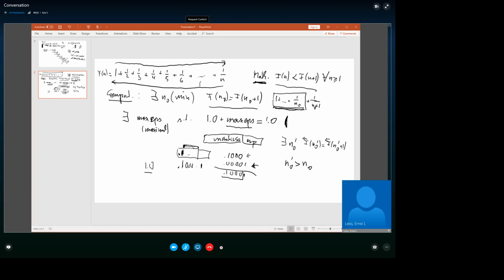So if I take that f of n sub 0 plus 1, which of course in the left to right addition is going to be equal to f of n sub 0, well, that's going to be different in the f backwards of n0. Not the n0 prime, but that n0 plus 1 is still going to be bigger than the f backwards of n0.